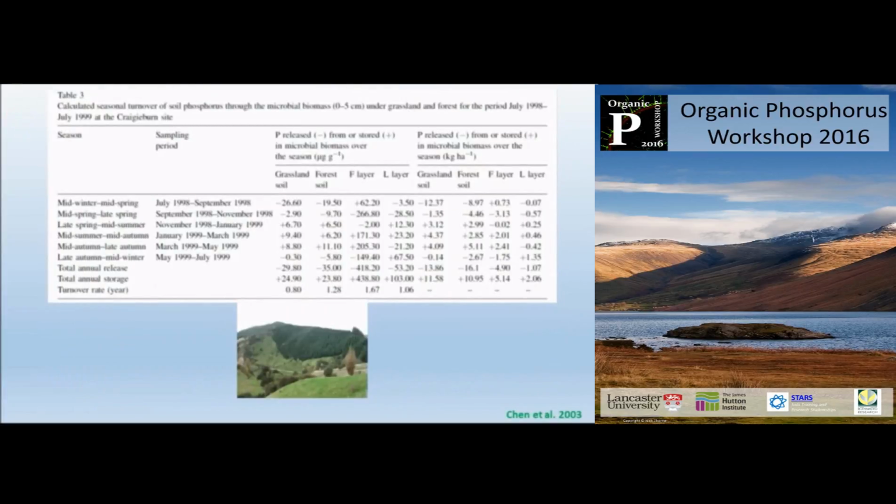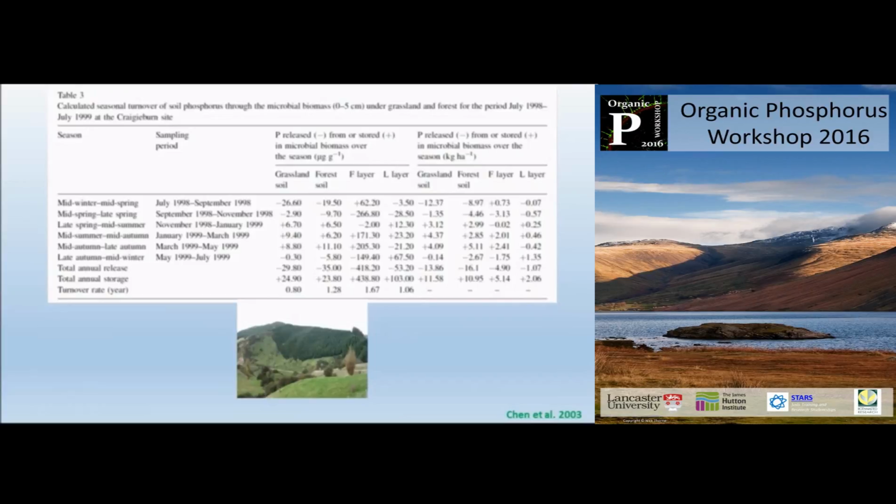But the other thing about trying to measure flux is to look at changes in pools over time. This is a study that was done over a 1-year period, looking at microbial phosphorus and different phosphorus fractions to get an idea of the movement of phosphorus within the system. You had a grassland soil and an adjacent forest soil.